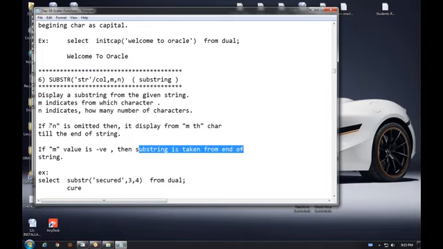In case you don't specify how many characters, then the substring will display from character M until the end of the string.